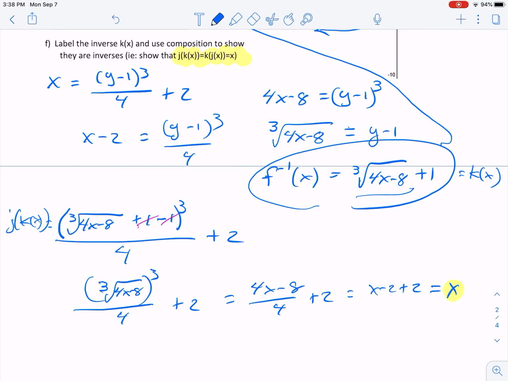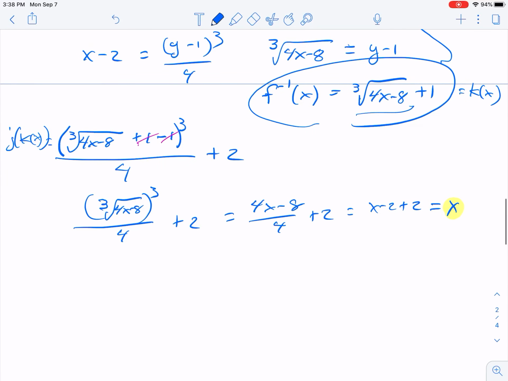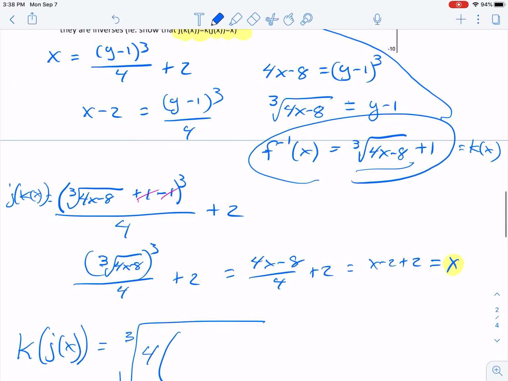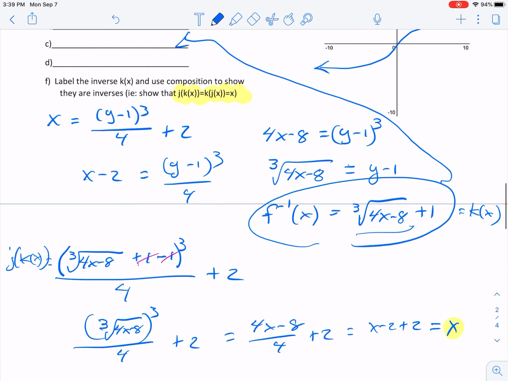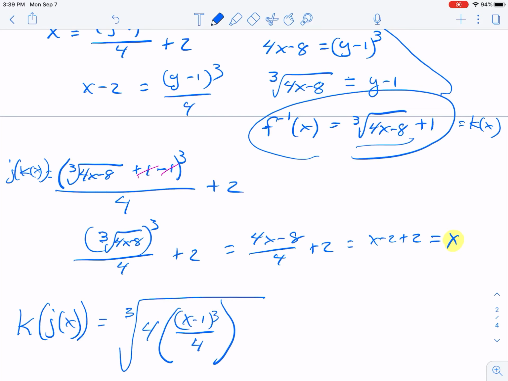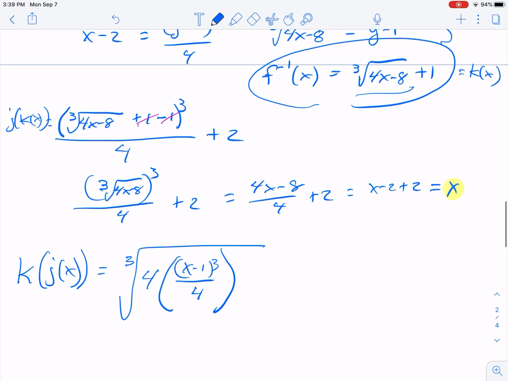Let's do it in reverse. I have to put that in here. So I have k of j of x. So I've got the cube root of 4 times, and in place of that, I have to put x minus 1 cubed over 4 plus 2. Oh, hang on, we've got to get rid of this.